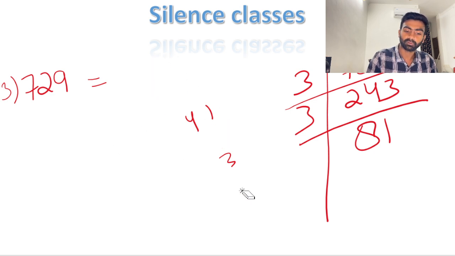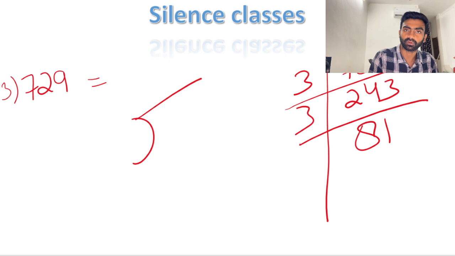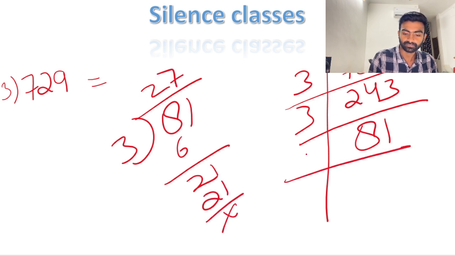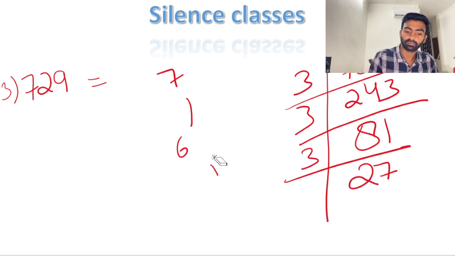Now 81 is divisible by 3. 8 plus 1 is 9. Yes, it is divisible by 3 because 9 is divisible by 3. 81. 3 twos are 6. And 3 sevens are 21. 27 is divisible by 3.